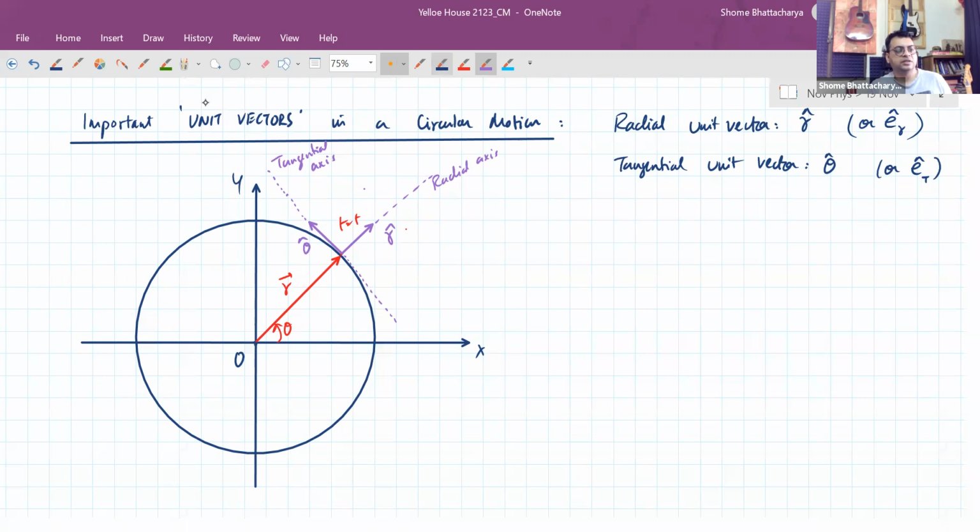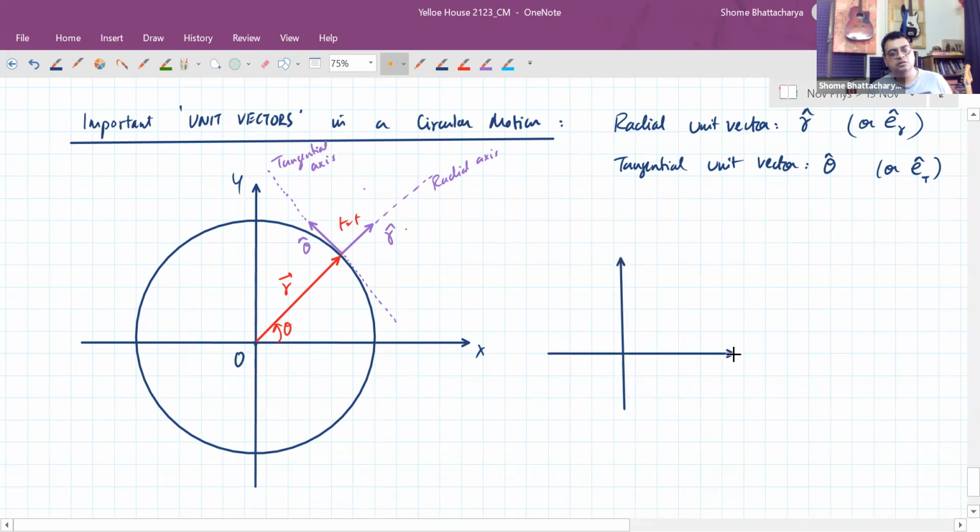So if we separately understand how r cap and theta cap are oriented with respect to our coordinate frame, and understand that they are perpendicular to each other, and r cap is a vector of magnitude 1 which is making theta with the x-axis, and theta cap is a vector of magnitude 1 which is making 90 plus theta with respect to the x-axis.